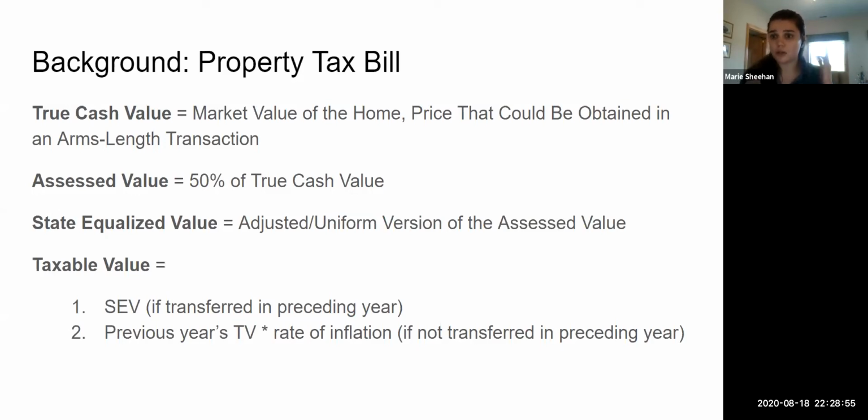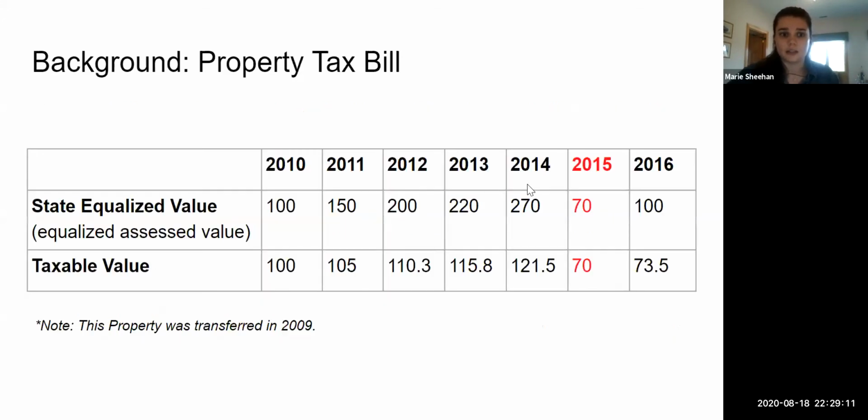So whichever is lower, it's usually the rate of inflation. And so if you own your property for a long time and the value of the property climbs quickly, the taxable value will be capped at a lower rate. And I just have an example of that on the next slide.